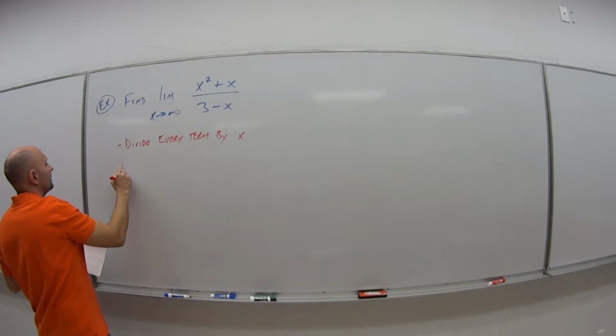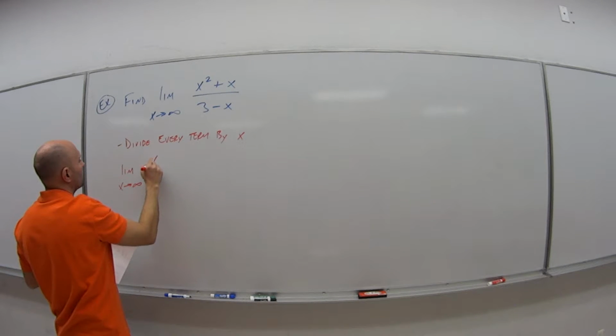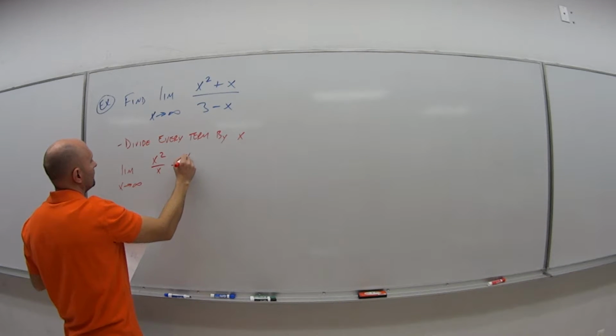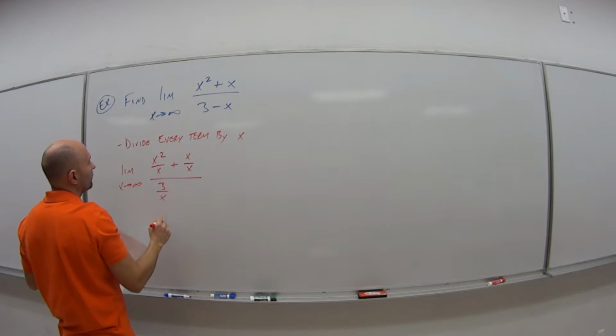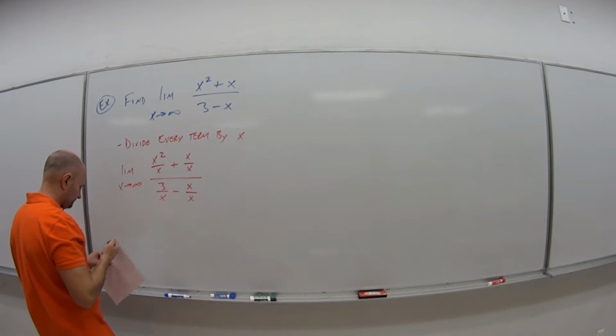So that gives me what? It gives me the limit as x approaches infinity of x squared over x plus x over x, divided by 3 over x minus x over x.